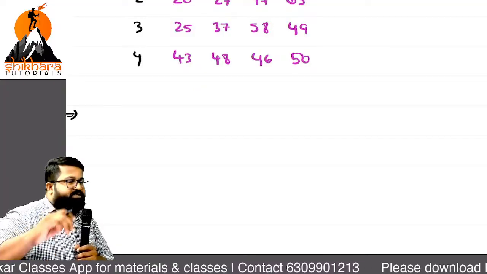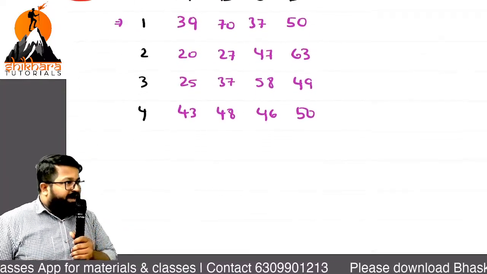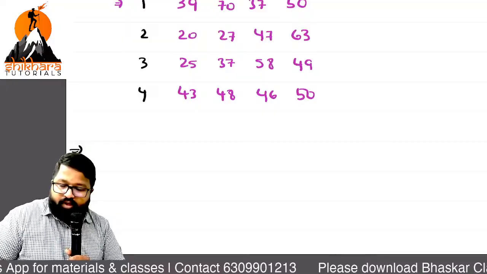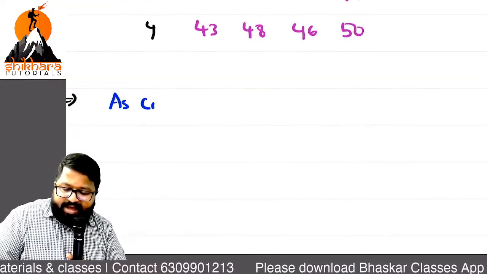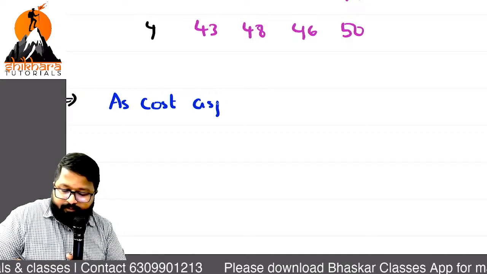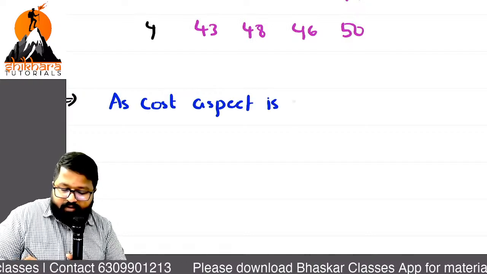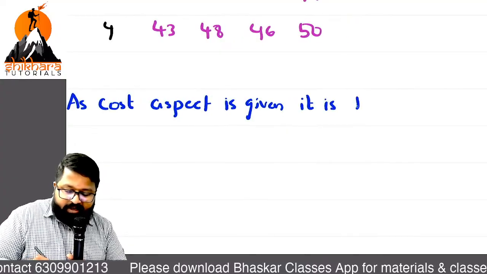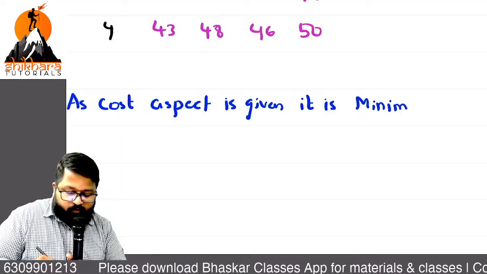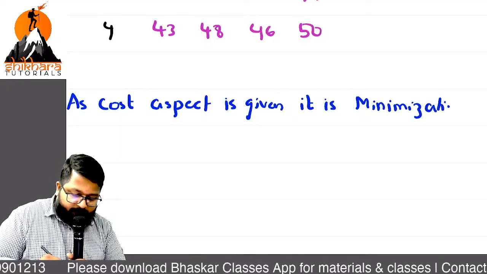But write the sentence: as the cost aspect is given, what is it, ma? Minimization model.